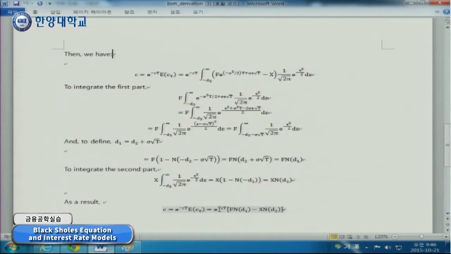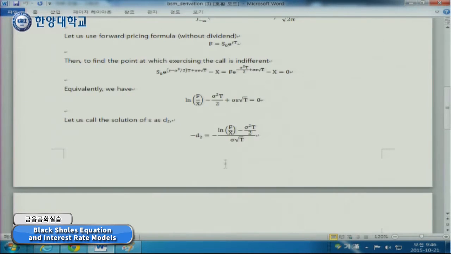So combining these two terms, we also put e to the minus rt, so e^(-rT)[F N(d1) minus X N(d2)]. Done, right? This is the Black-Scholes formula, in which F, d1, d2 look like this.